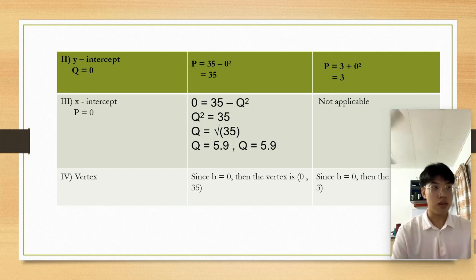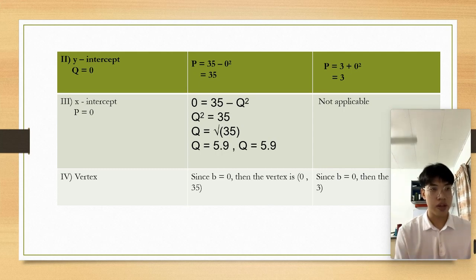After that, we find the y-intercept, so we use Q equals 0. For P equals 35 minus Q squared, we replace Q with 0, and then we get 35. For P equals 3 plus Q squared, we replace Q with 0, and then we get 3. Same for the x-intercept, we use P equals 0.